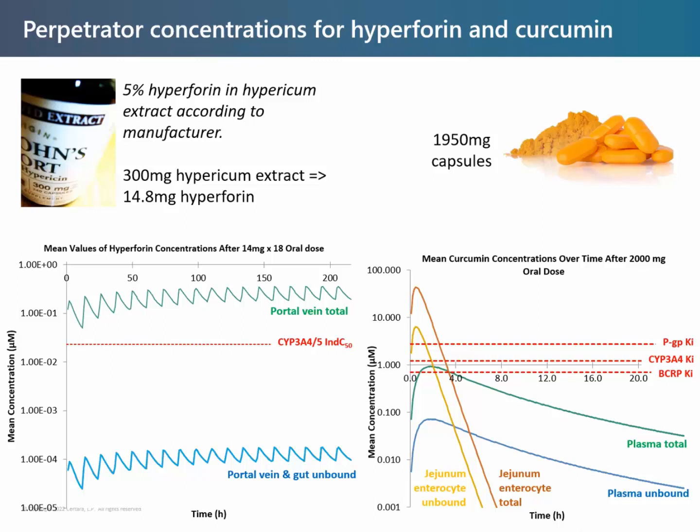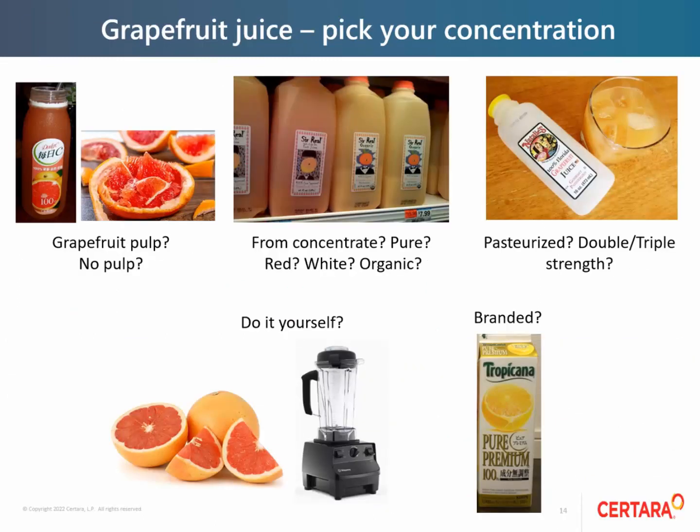However, unfortunately, I cannot say the same for grapefruit juice. For grapefruit juice sources, there is very high variability in terms of the grapefruit source that's used itself and also in the preparation method. So for example, certain juices might have pulp that's also included. Some might be 100% pure juice. And this can add variability, as literature sources have shown that grapefruit pulp actually has a higher concentration of certain perpetrator compounds than the juice itself.